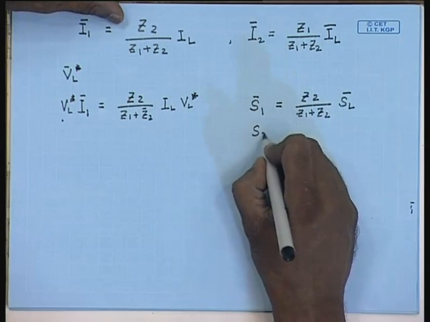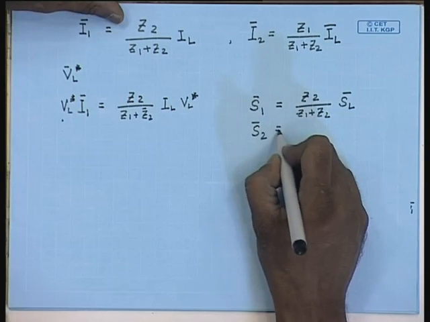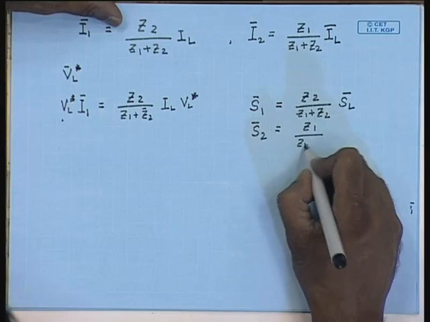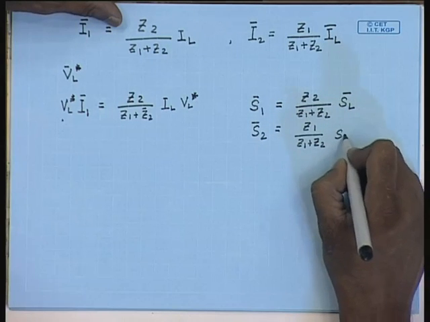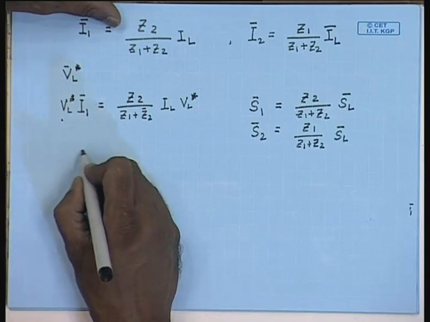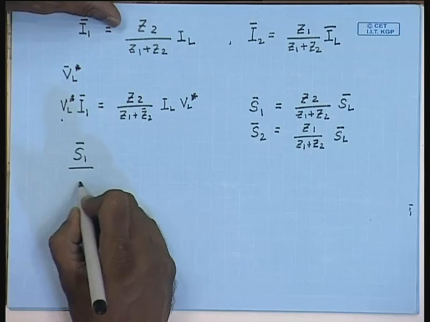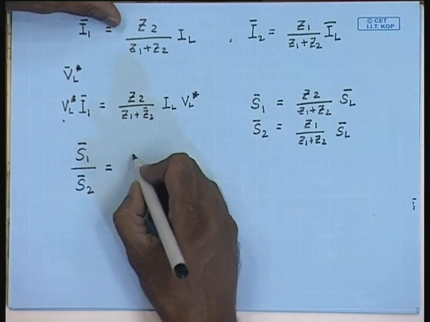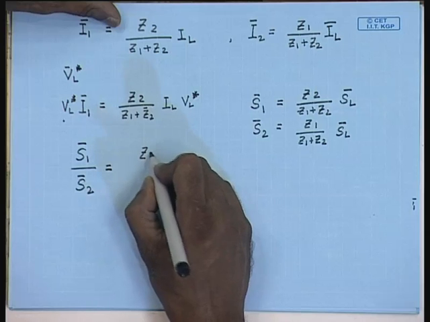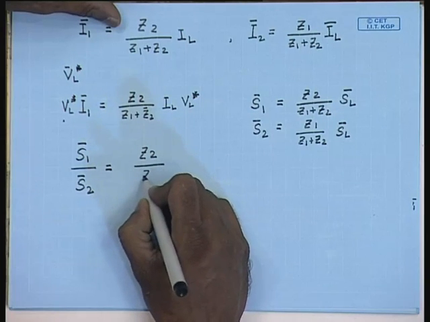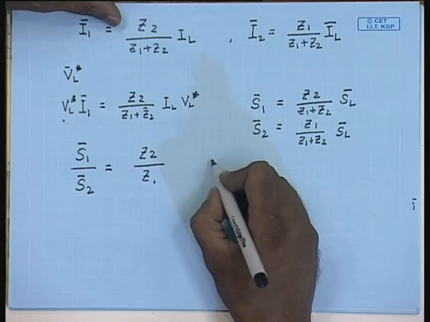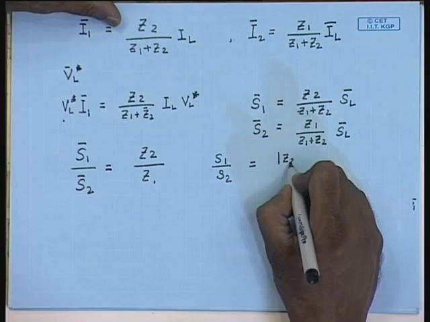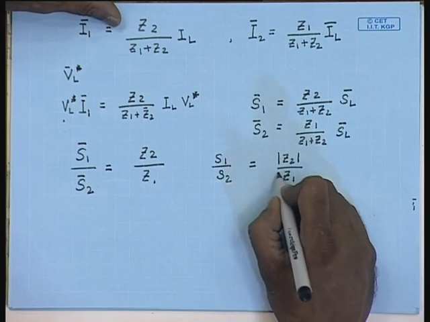Similarly, S2 equal to Z1 divided by Z1 plus Z2 into SL, or S1 by S2 equal to Z2 by Z1. Hence, if we look at the magnitude alone, S1 by S2 equal to mod Z2 divided by mod Z1.